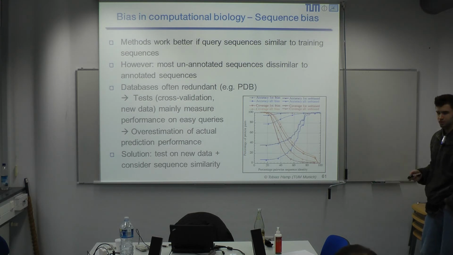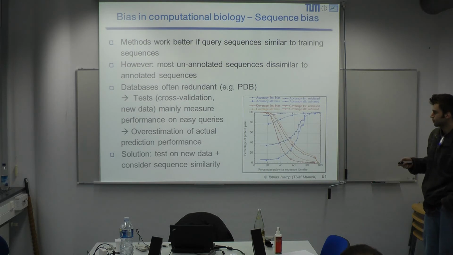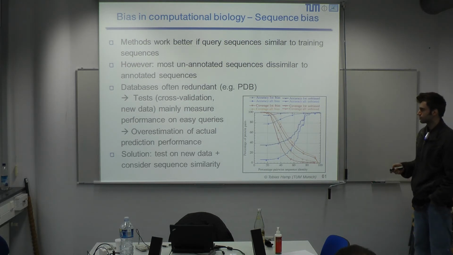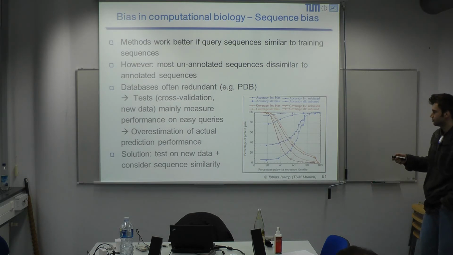The big problem, however, is that if you look at the almost 100 million proteins that we have in UniProt, most of them aren't similar to the ones that are already annotated. So in tests with cross-validation and new data, if you don't look out for this bias, you easily overestimate your actual performance. The only solution to this is really to always consider sequence similarity between the test and new data, as the CAFA people are working on right now, I assume.